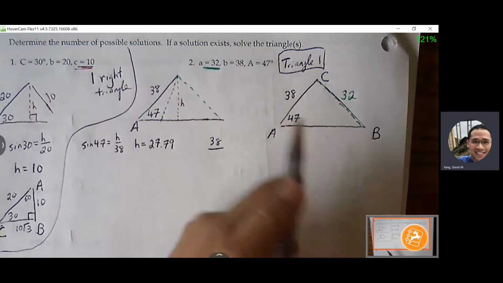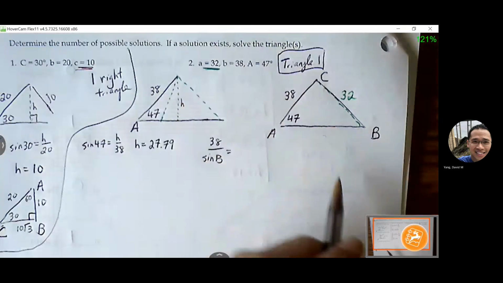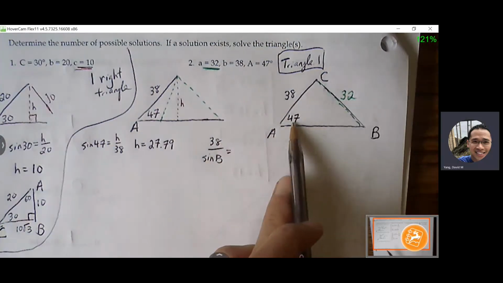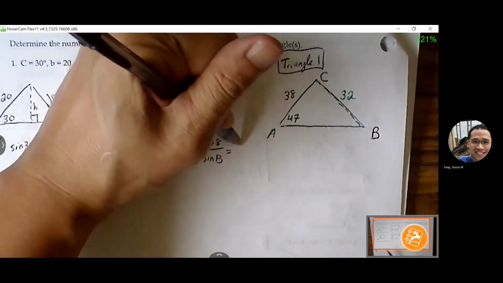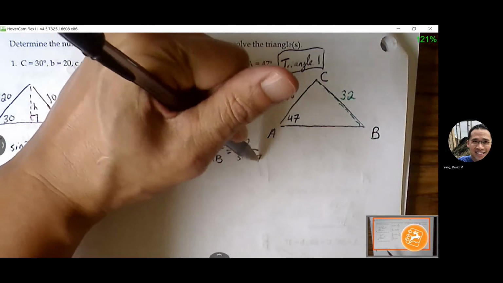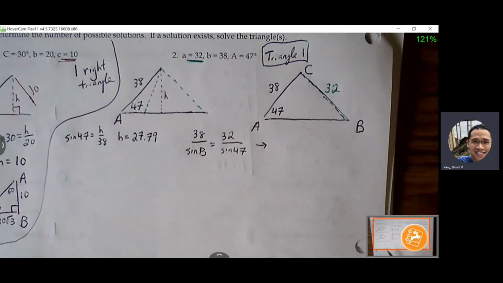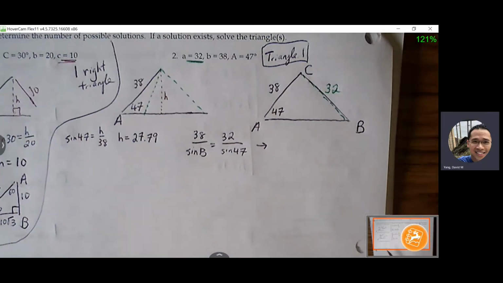So b over sine of B is equal to a over sine of A. Okay, cross multiply, try to get sine B by itself.